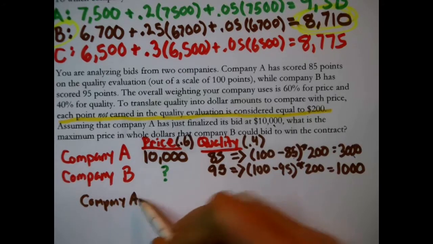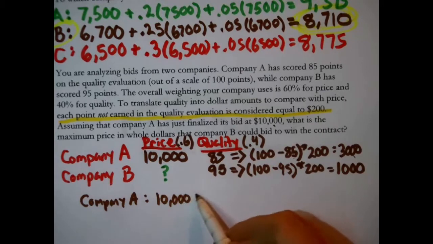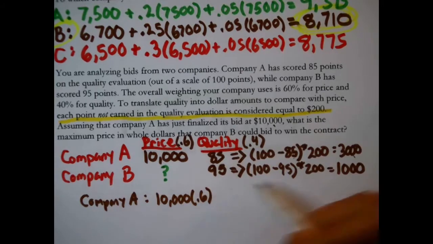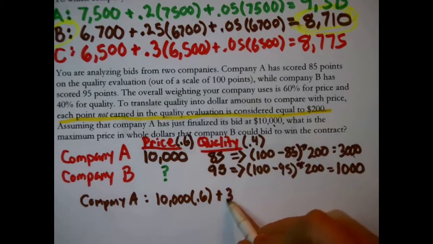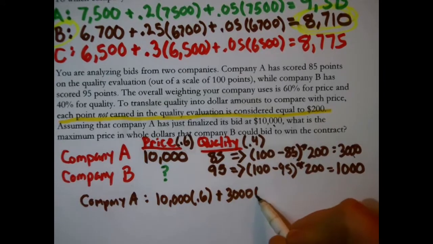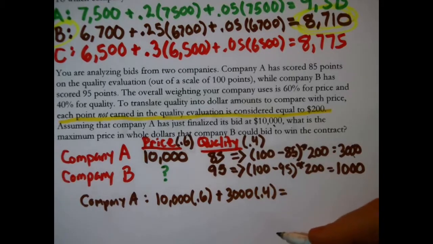Company A, there's that 10,000. That's their price. But that's only 60% of it. Plus, there's this 3,000 times 0.4. Okay. I get, on my calculator, 7,200. For company A.